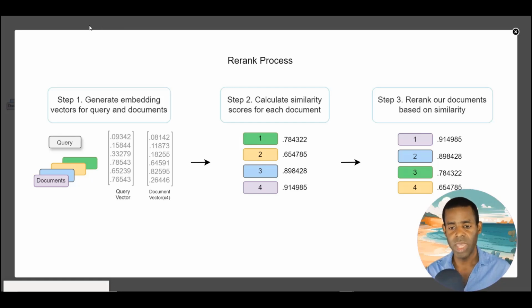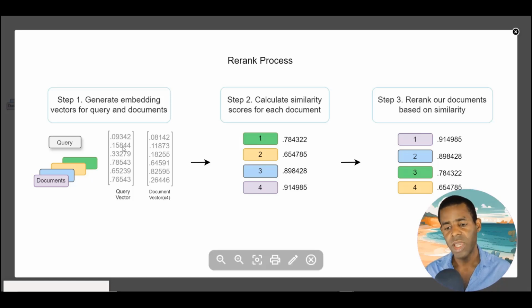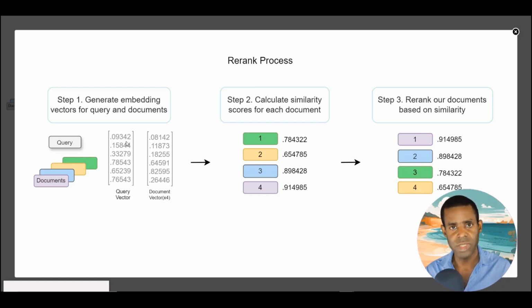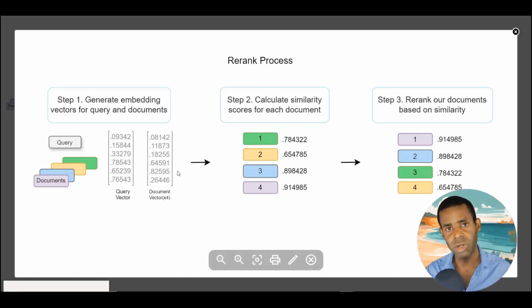So in this case, we have created a vector embedding, which is basically just a list of numbers for our query, right? And this sort of represents the semantic characteristics or qualities of our query. And then we're going to create document vectors for each of our documents. So even though you see one here, it actually would be 4.